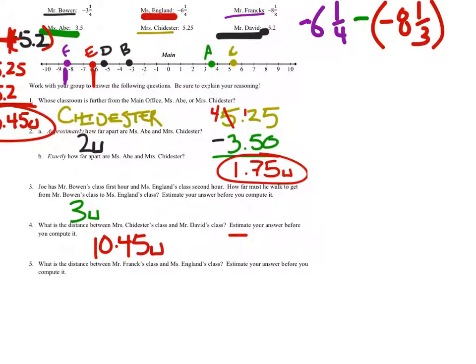And what do we get up in here? Well, I don't know how they do this in elementary or how they taught this to you guys, but here's how we're going to do it in 7th grade. We're going to change these, which are called mixed numbers, into improper fractions. Very good. What is an improper fraction? Where the numerator is bigger than the denominator.